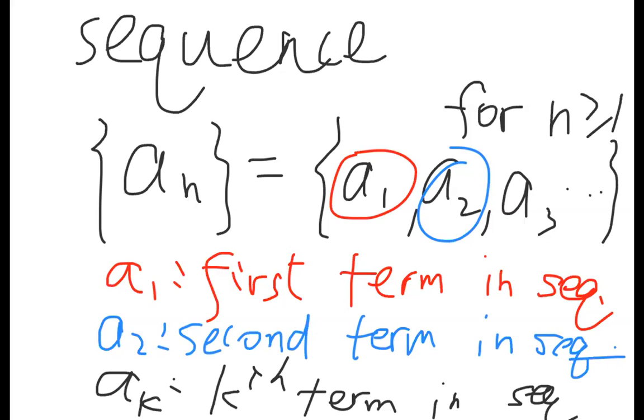Because that's how we index these numbers: we start with 1, the first one would be a1, the second one would be a2, the third one would be a3, and ak refers to the kth number.